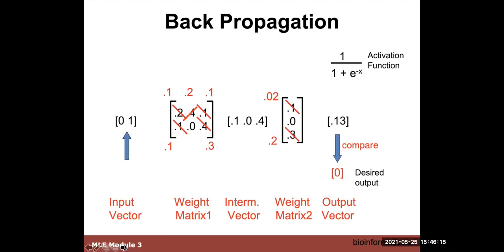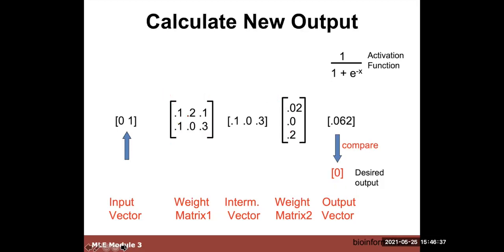If that's off, then we go back through the back propagation, modify using those derivatives of the cost function, errors, derivatives of the activation function, and those change. They'll either increase or decrease the weights, depending on the strength and relative importance.